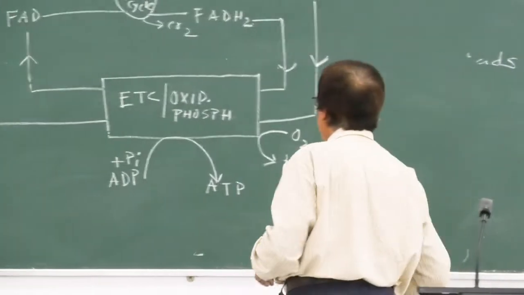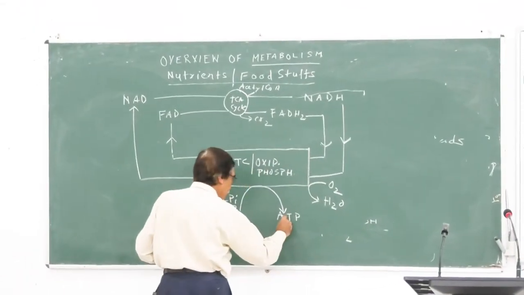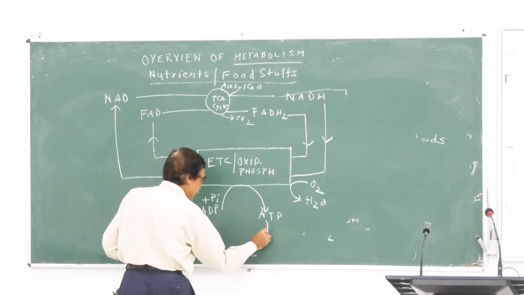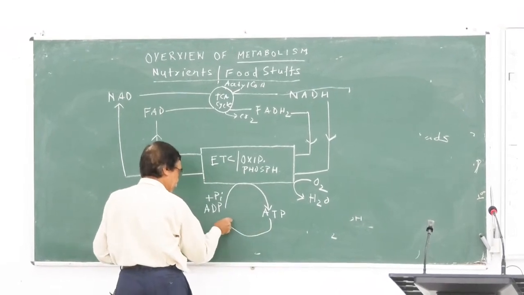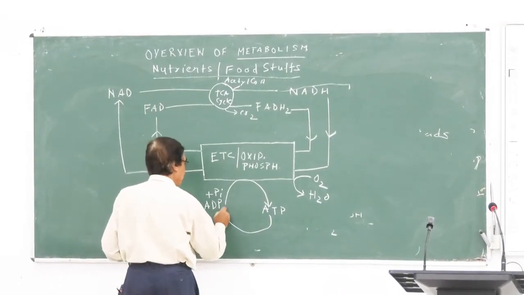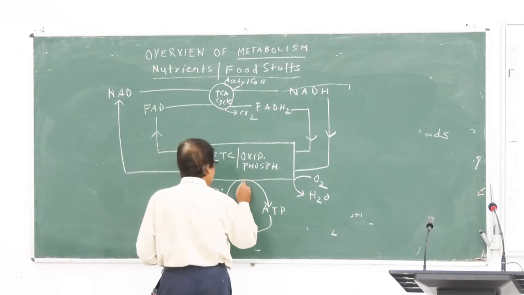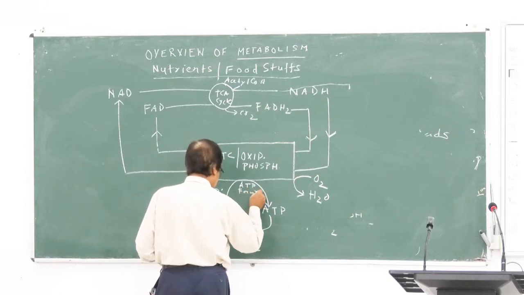What is ATP-ADP cycle? ATP তৈরি হলো, ATP utilize হলো. This is ATP formation step. And this is ATP utilization step.